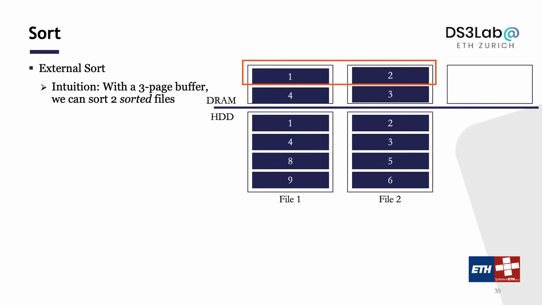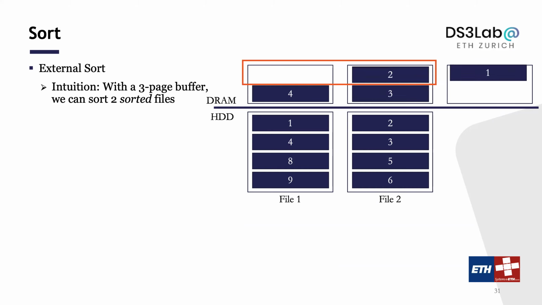I compare the beginning of these 2 pages, and I pick the smallest one. Here, 1 is the smallest because I'm comparing 1 and 2. I output 1 to my output buffer, that's my third page. And then I move the tuple up, and I keep comparing the heads of these 2 pages.